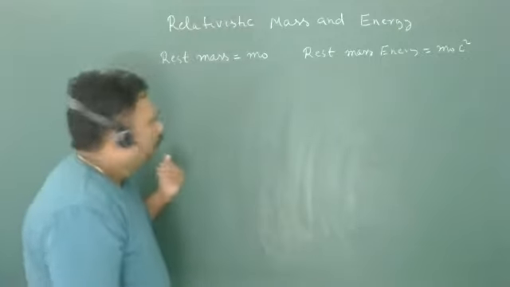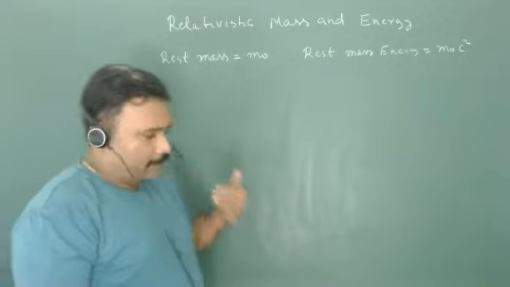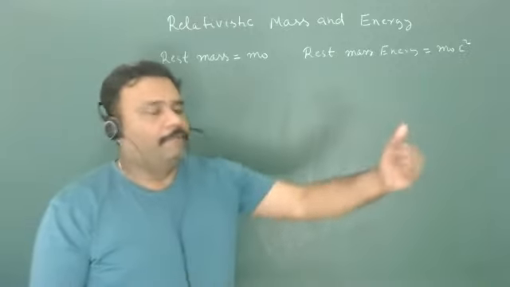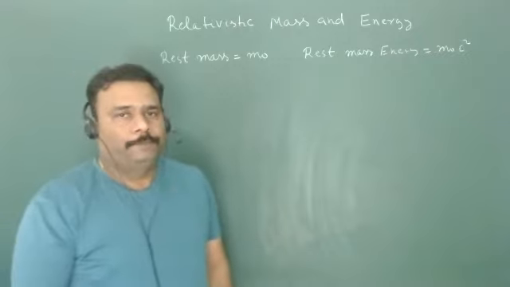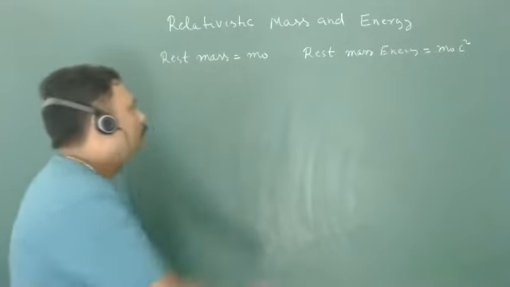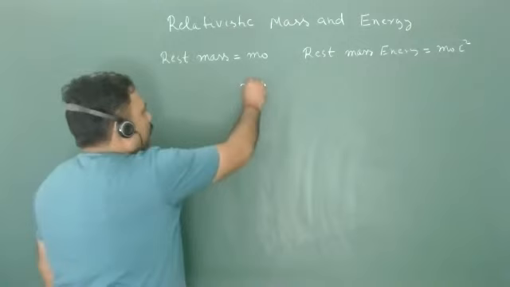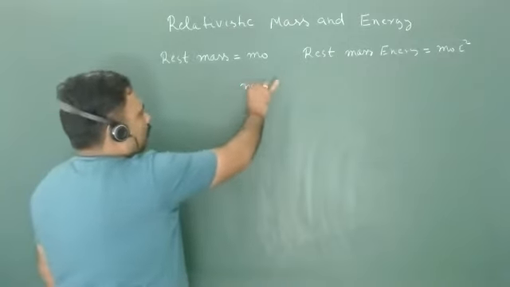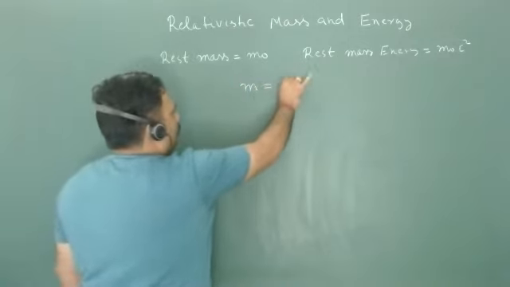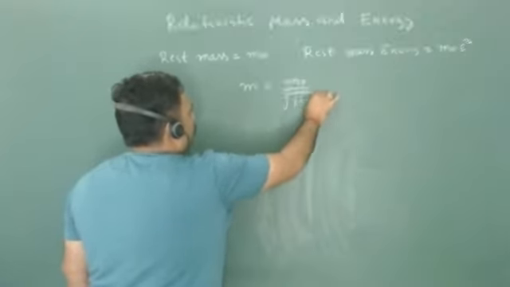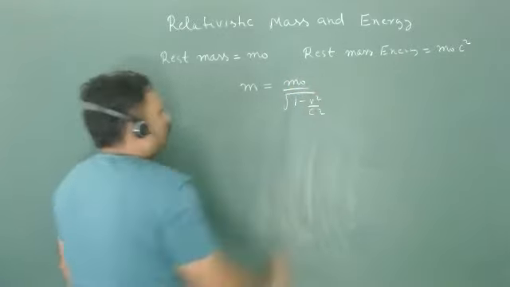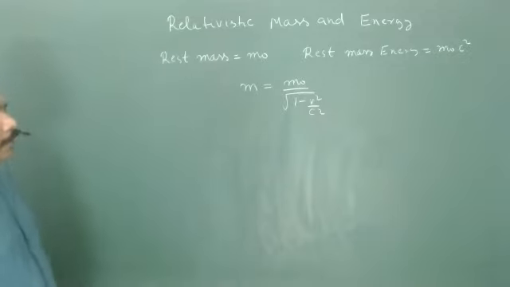And if the particle of rest mass m naught is moving with some velocity v with respect to some observer, then we calculate the relativistic mass. This is the relativistic mass, and it will be m naught upon root under 1 minus v square upon c square. So this is all about relativistic mass.